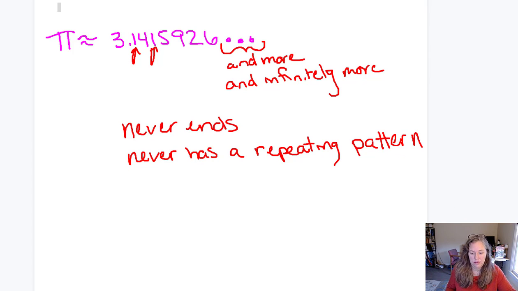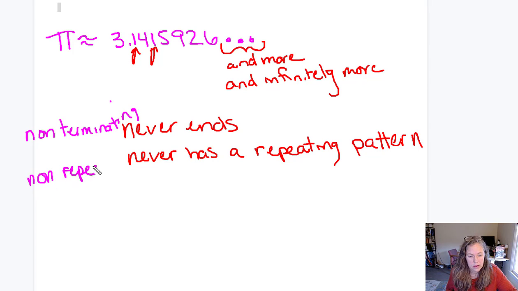The fancy word for never ends is non-terminating, and never has a repeating pattern is non-repeating. So pi is irrational.